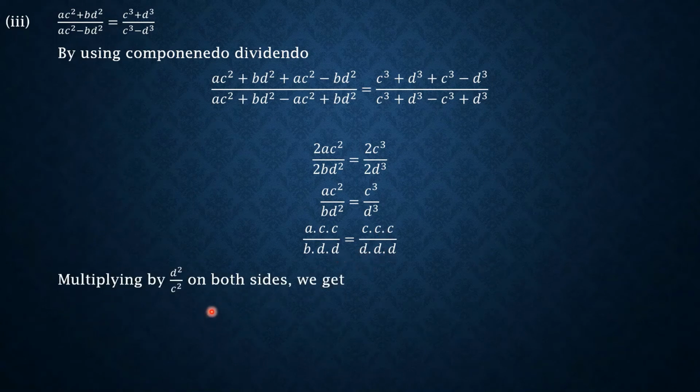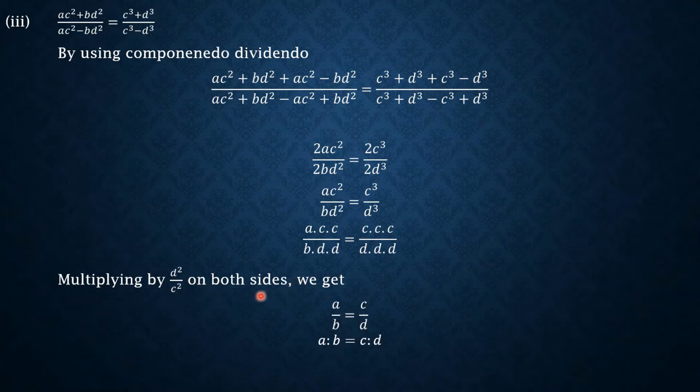Now as we want a over b on the left side and c over d on the right side, we have to remove c square by d square on the left and c square by d square on the right. So we will multiply both sides by the multiplicative inverse of c square by d square, which is d square by c square, to cancel these extra terms.